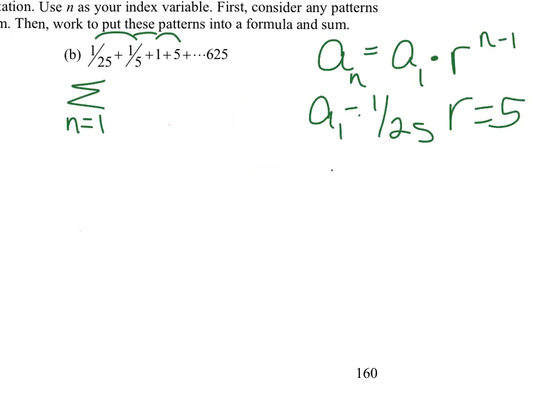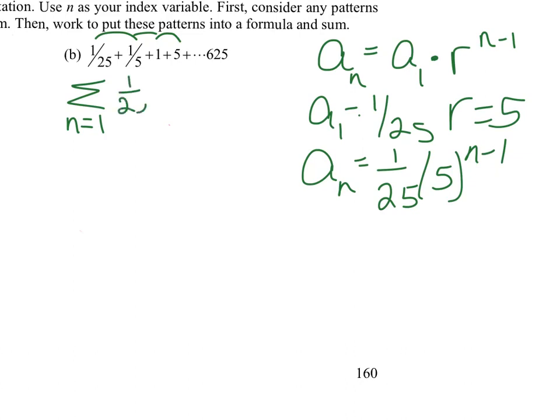So I'm going to plug in to get my general formula: 1/25 times 5 to the n minus 1. Now I am going to write this in my summation, because that is what's happening. That's what I would use to get my first, second, third, fourth, and so on, those terms.